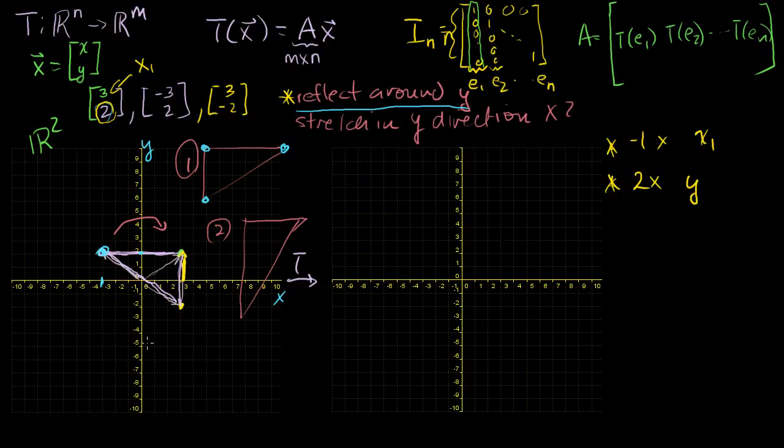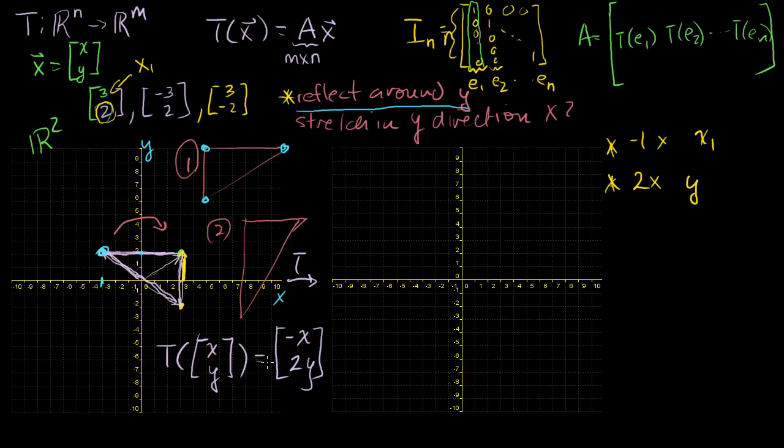I can write it down in transformation words. I could define my transformation as T of some vector x, y is going to be equal to -x, 2y. I want to take -1 times the x, and then I'm going to multiply 2 times the y. So that's how I could write it in transformation language, and that's pretty straightforward.